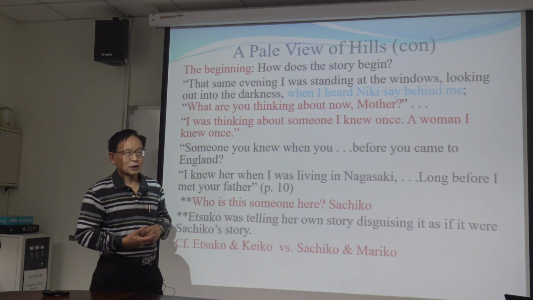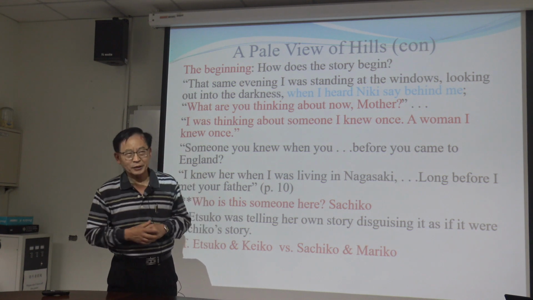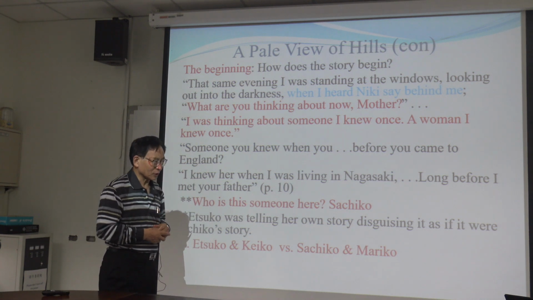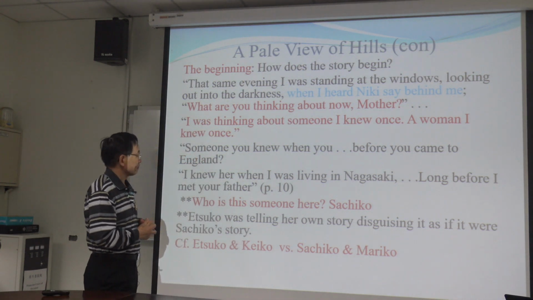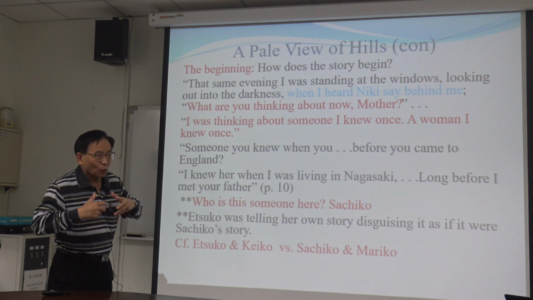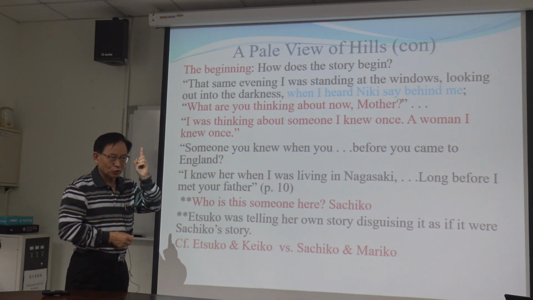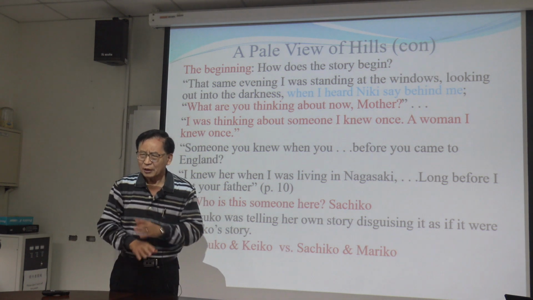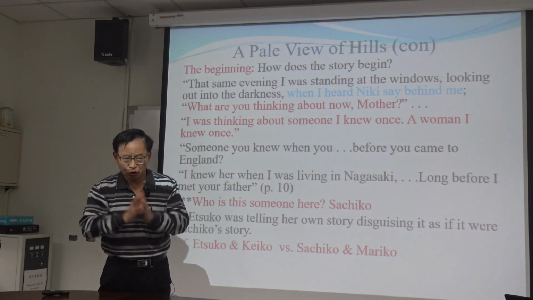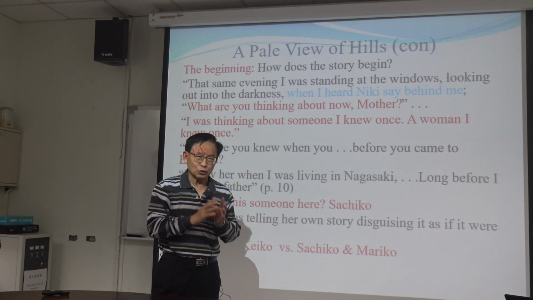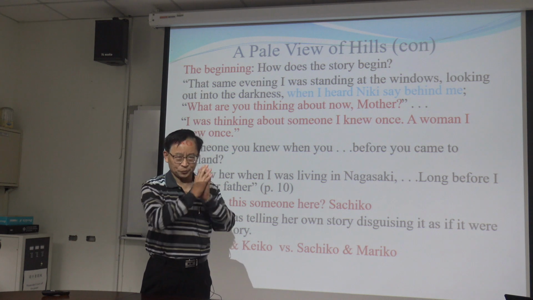But after we open the book, after we read the story, we come to realize the visit is more than this. When Niki visits the mother, one issue, one topic they decide to avoid, not to approach, is the issue of the elder sister, the issue of Keiko.